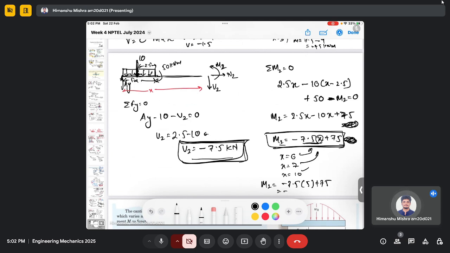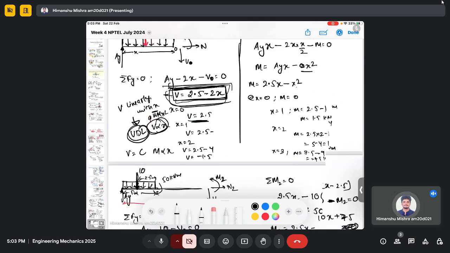So this is minus 37.5 plus 75, which will be 37.5 kilonewton meter. So at x equals 5, you are getting 37.5.